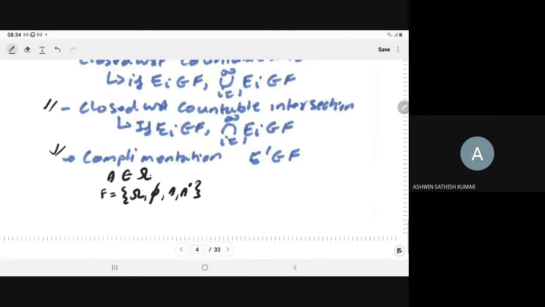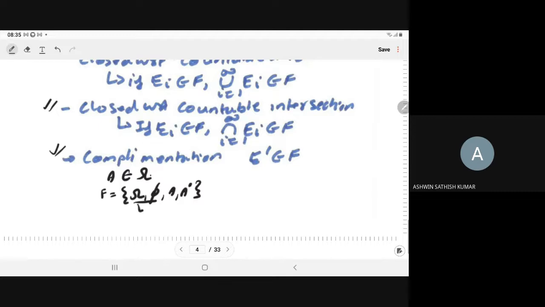So this is the smallest sigma field for an event A of the sample space omega. Means if you take any two events, any three events, all the four events, and take the intersection, union, complementation, all are members of this family. Omega intersection phi, omega union phi, omega complement, phi complement, all are members of the family.